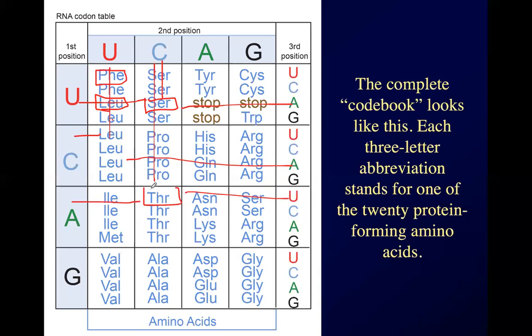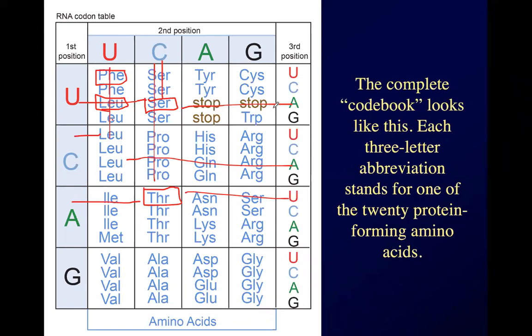You don't really need to know this code book, but that's how you read it. And there are 64 possible 3-letter combinations of bases. If you have 4 bases, there's 64 possible groups of 3 bases. 61 of them stand for one of the 20 amino acids that form proteins. 3 of them, UAA, UAG, and UGA, stand for stop codons.